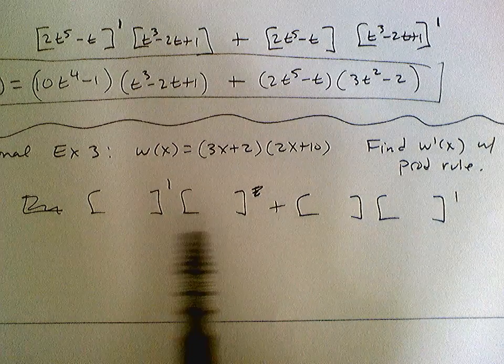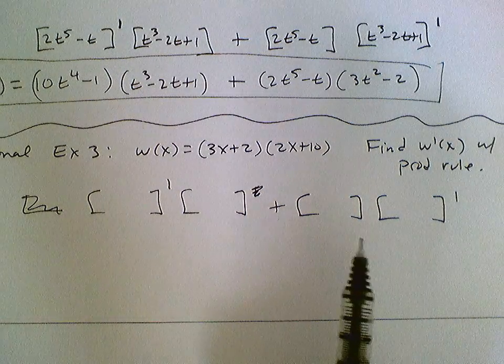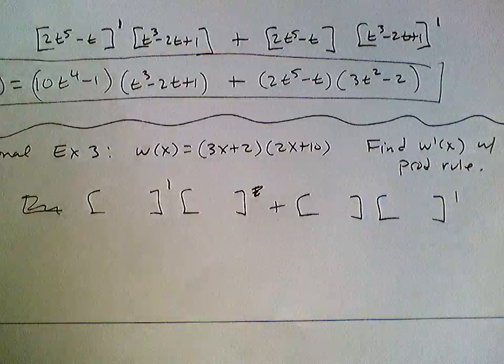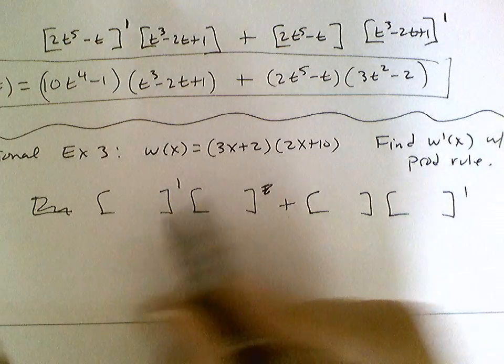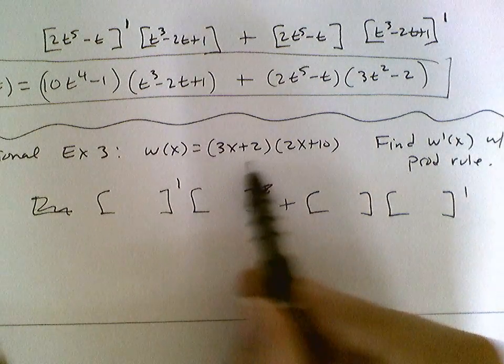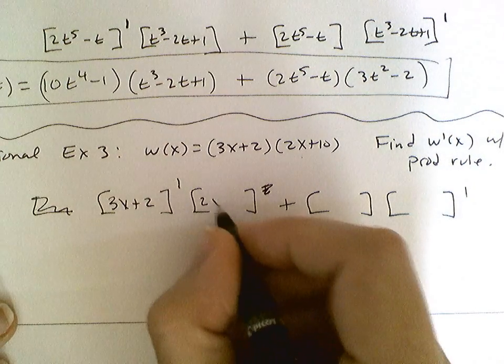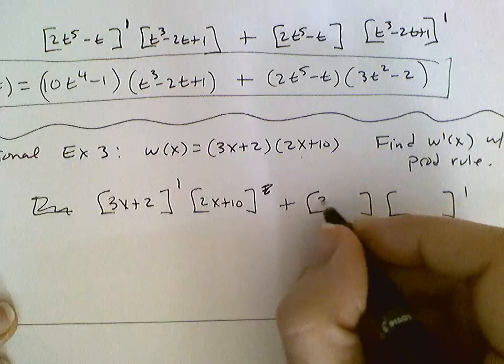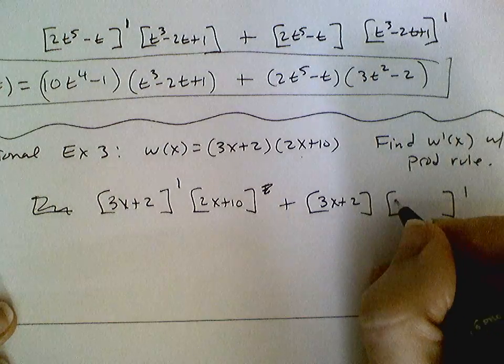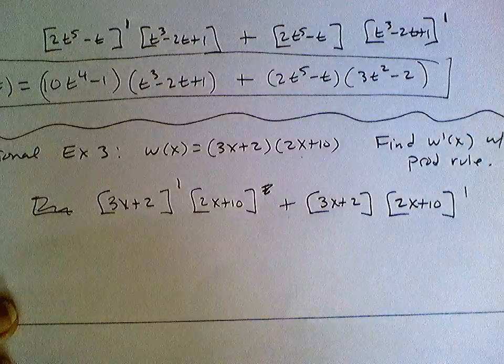Okay, so this is f prime g plus f g prime. And then I just put these two functions inside the brackets in order. So I go 3x plus 2, 2x plus 10, again, 3x plus 2, 2x plus 10.